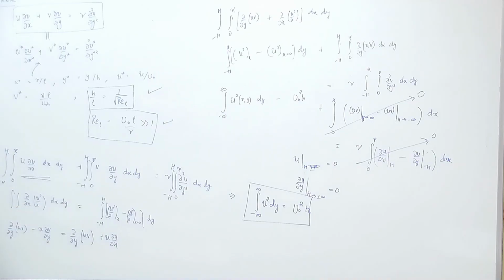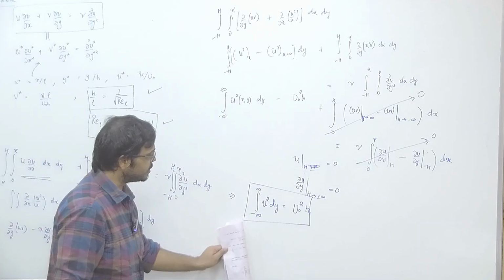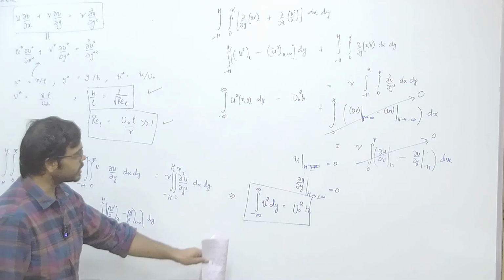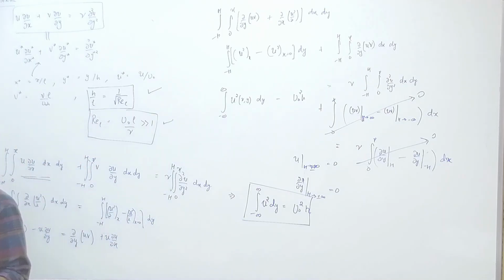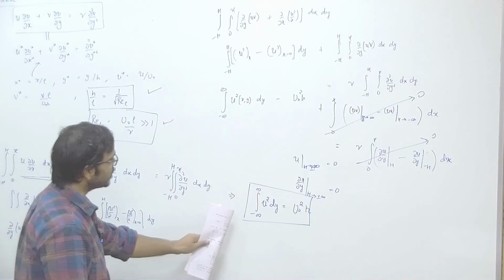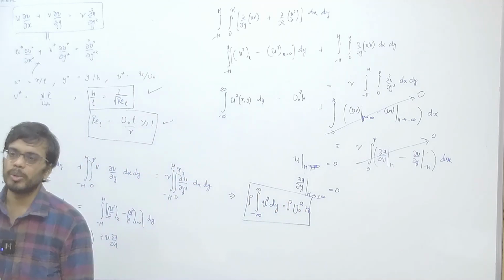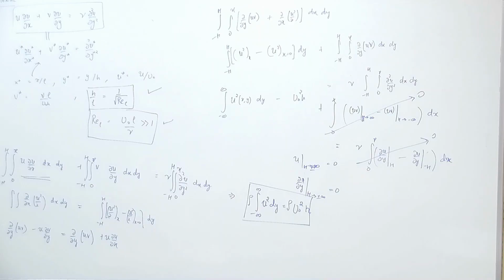But what is constant along the x direction is this quantity, the integral of u squared dy, at all x locations. It is not the mass flux, but if I multiply this with density, what is this? Momentum flux, right? So technically the mass flux is not constant, the momentum flux is constant in x.